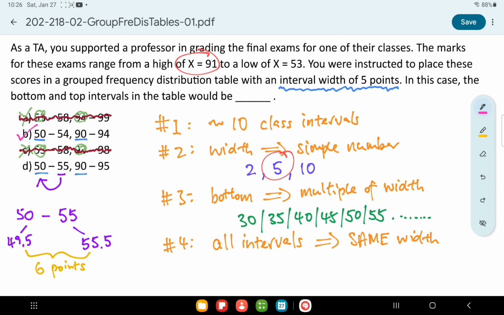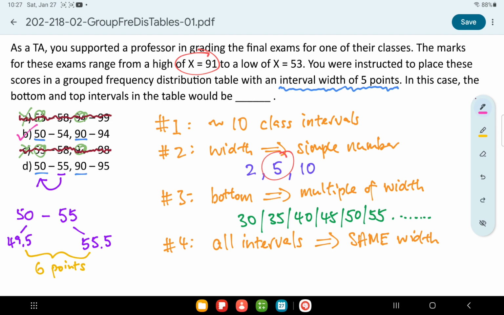On we go: 60 to 64, 65 to 69, 70 to 74, 75 to 79, 80 to 84, 85 to 89, and then the ideal top interval, 90 to 94, which captures the highest score of x equals 91.